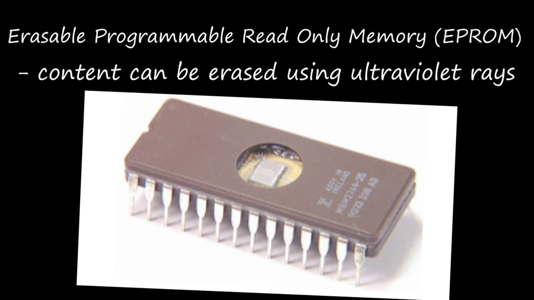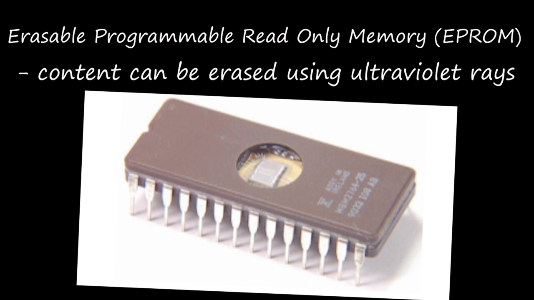This may come for 1 mark, 2 marks, and in the 2019 or 2018 exam, they have asked for 3 marks also. The answer is only a single word, ultraviolet rays or UV rays. How can we delete the content or reprogram the EPROM? Using ultraviolet rays, we can erase or reprogram the memory.